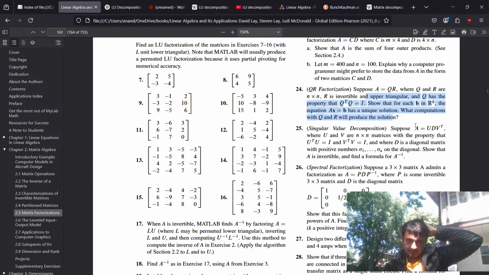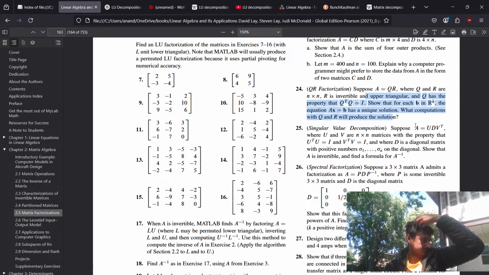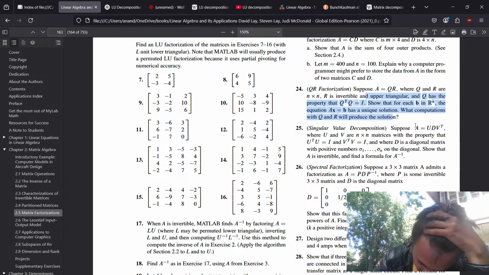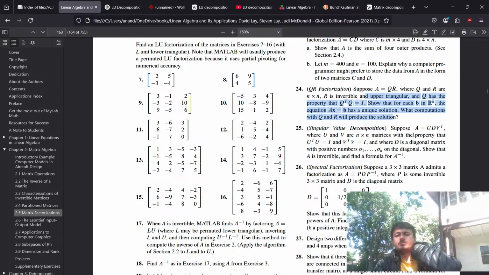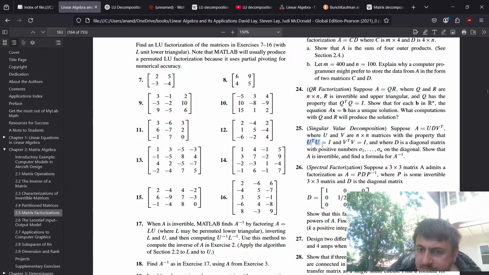Suppose A is equal to U times D times V transpose, with the property that these both have this property that their product with their transpose is the identity, and where D is diagonal. Show A is invertible.